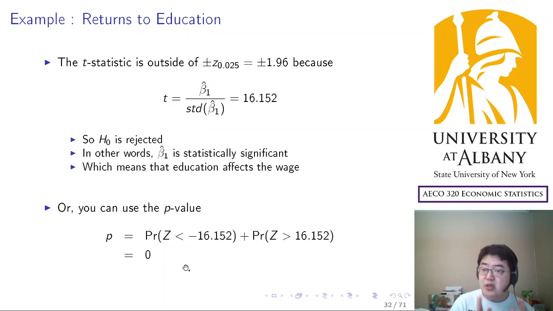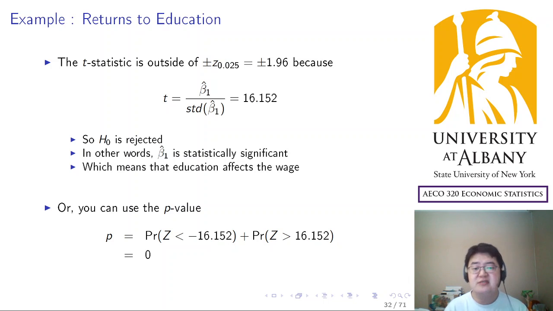So this means we rejected the null hypothesis that beta 1 equals 0. So beta 1 is not 0, which means education is relevant to wage determination. Education is a factor or determinant of wage. So we say education is statistically significant.